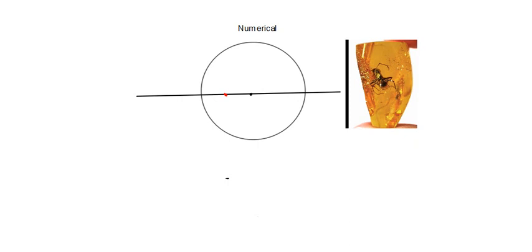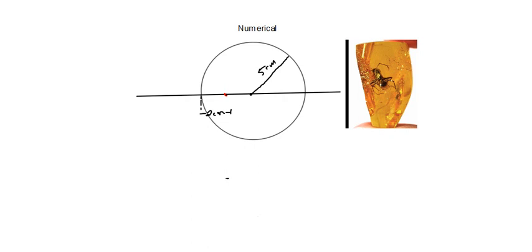for simplicity, let me assume, now when you do maths these things will be provided to you. So I am saying that the radius of curvature, the radius of this sphere, is around 5 centimeter, and as far as we know, roughly the insect is lying at a distance of 2 centimeter from the curved surface.